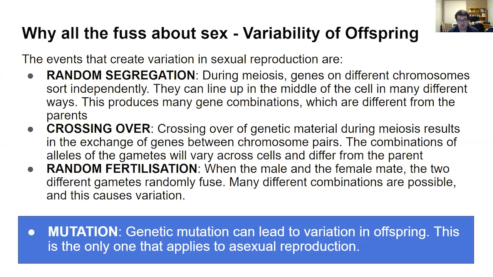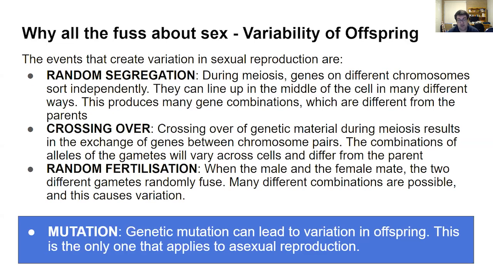Another is a process called crossing over that results in the creation of unique chromosomes, and I'll get into that in a second with a diagram. Then, as a result of sexual intercourse, if fertilization and resulting pregnancy occurs, then in sexual reproduction in general there is random fertilization.